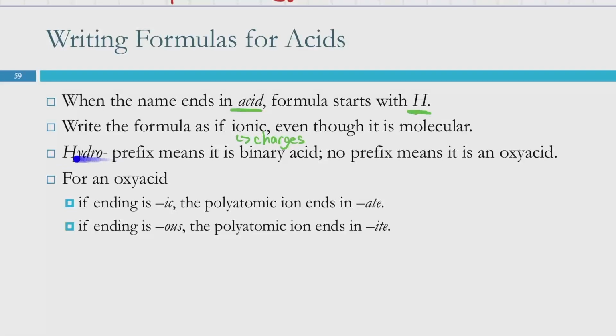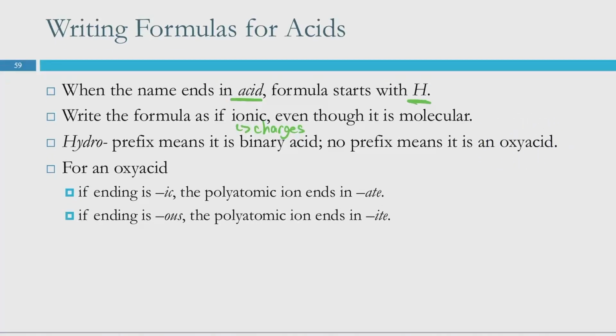If we have the hydro prefix, that means it's a binary acid. No prefix or a per or a hypo means that it's an oxyacid. And then for oxyacids, it's the same ate, ick, ite, us, just working the opposite direction. So we'd revert the changes. If it's ick, it goes back to ate. If it's us, it goes back to ite.